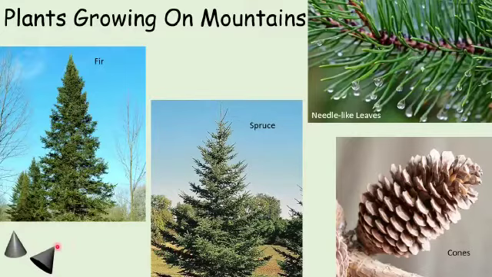So this shape protects them from strong winds and rainfall. You know another feature of these kind of trees? They have needle-like leaves with wax coating, which helps water and snow to slip off easily.